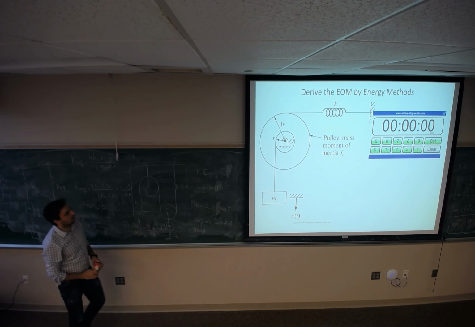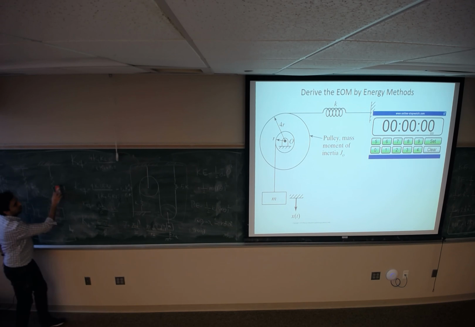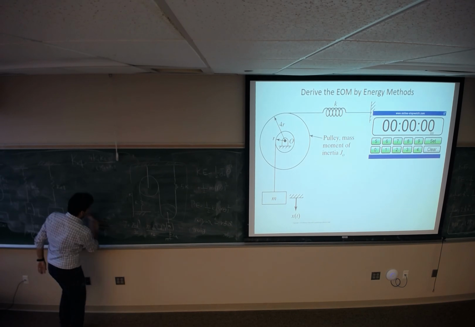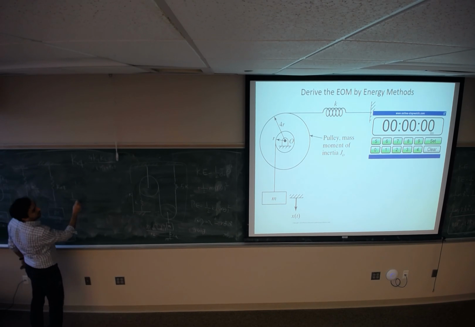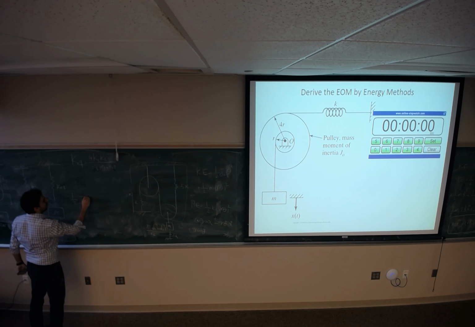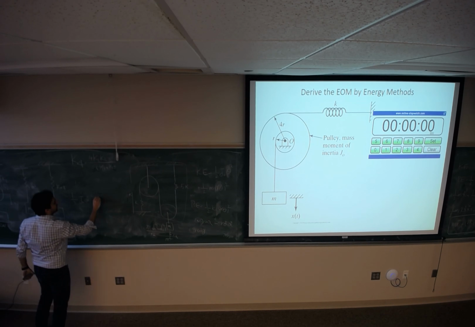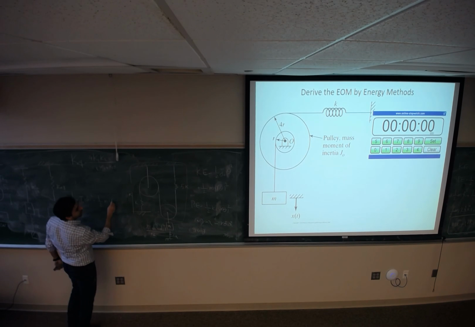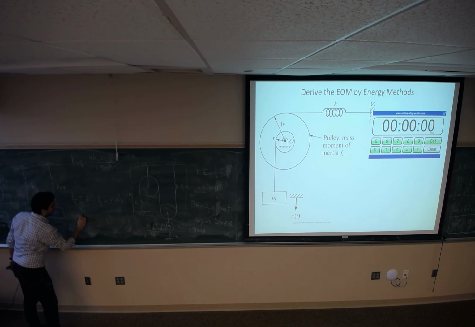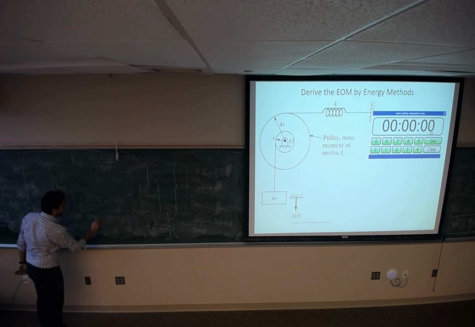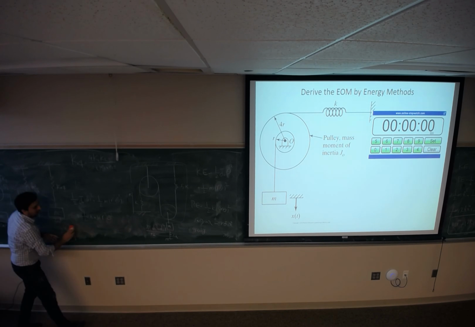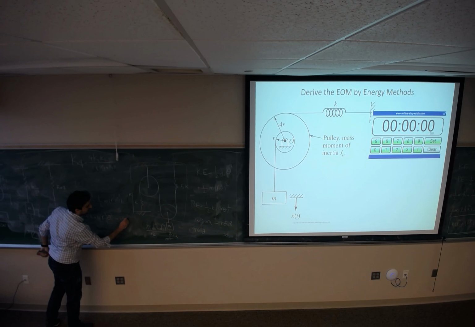Now you can add them up: half of J naught theta dot square plus half of M R square theta dot square plus half of K 16 R square theta square. The summation of these three terms is constant.